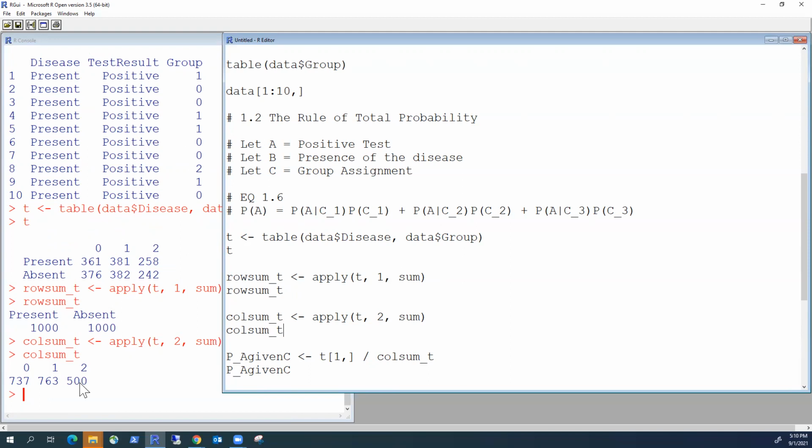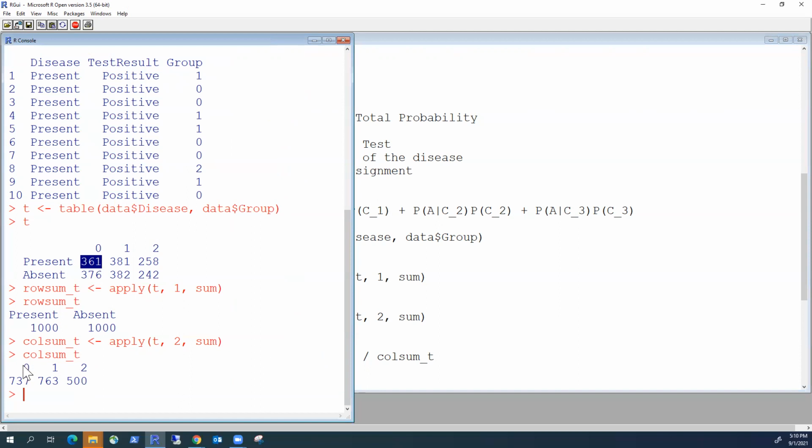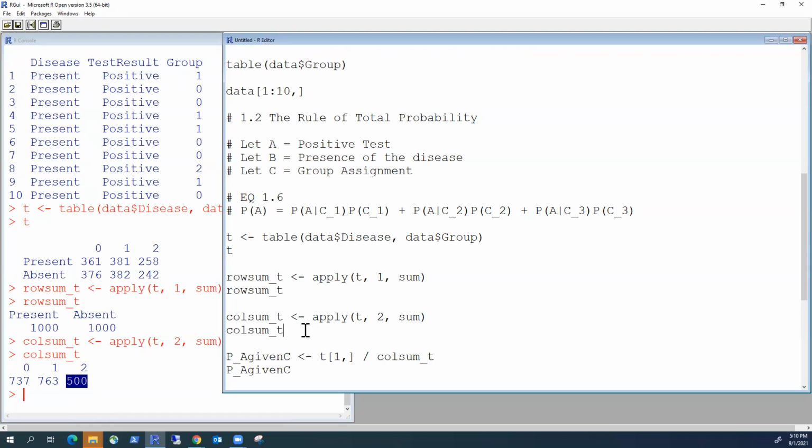So if I want the probability of A given I'm in C, essentially, we want to take this 361 and divide it by 737, 381 divided by 763, and 258 and divide that by 500. But we want to automate that so that we don't accidentally type something wrong or have more work for ourselves.